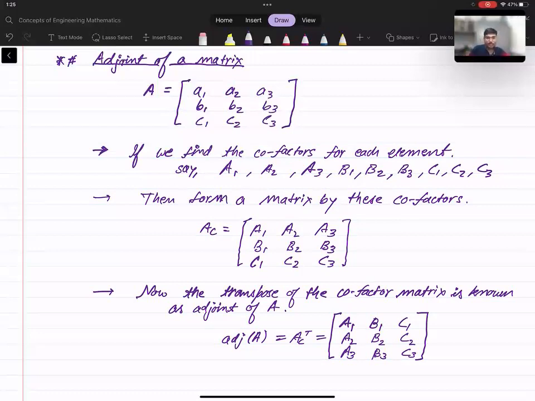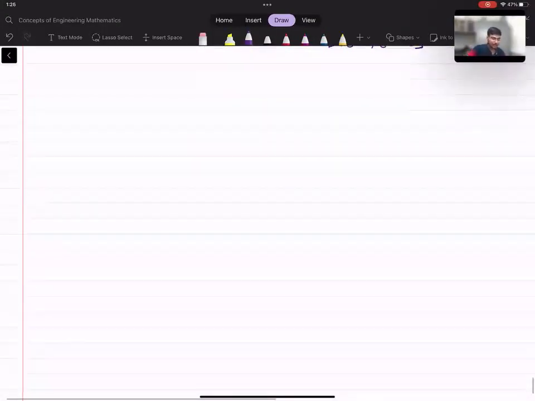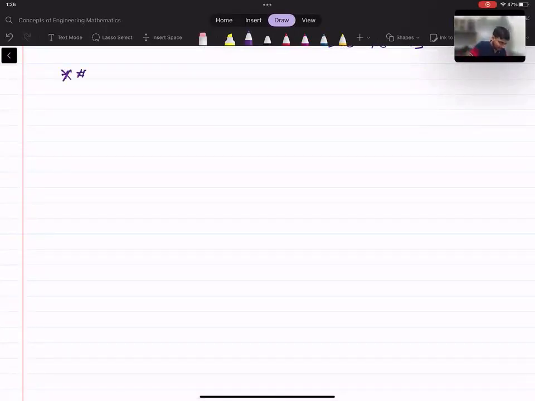So now we are familiar with adjoint, so we can proceed towards finding the inverse of a matrix. So let us see how to find the inverse. If we are able to find the inverse, then we will also be able to solve a system of simultaneous equations using this matrix method.